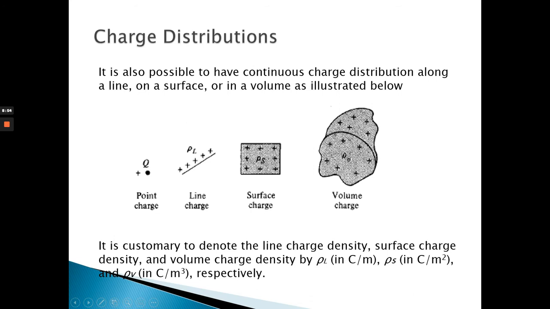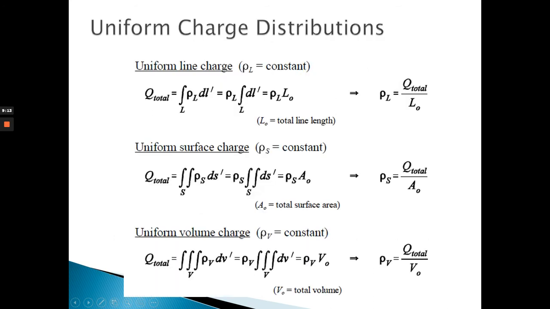Rho L is the amount of charge in a line charge. Rho S is the amount of charge in the surface charge, and rho V is the amount of charge in a volume charge. By definition, they can be determined in 3 different ways.